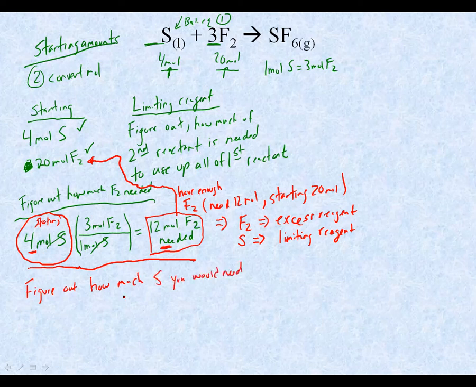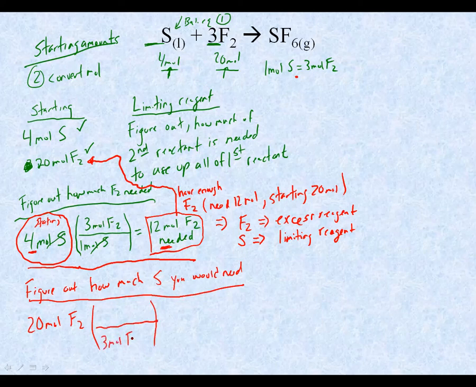And in this case, what we would do is start out with our 20 moles of F2. That again is our starting amount of F2, using the same relationship that we had up here, that 1 mole of sulfur is 3 moles of F2. We would do a similar little calculation. In this case, the 3 moles of F2 would go on the bottom.